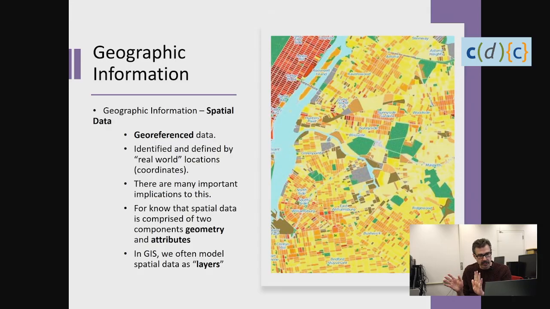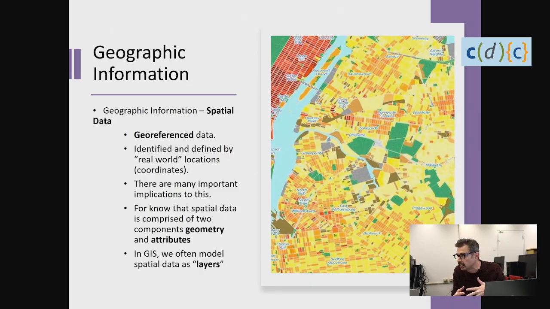I'm not going to jump into data structures in a very sophisticated way, but there are a couple of components that we usually use the terms geometry and attributes for when we're talking about spatial data. We usually make a distinction between the geometry, which are those coordinates, and the way that those coordinates and locations are actually organized in the data, and the attributes, which is everything else.